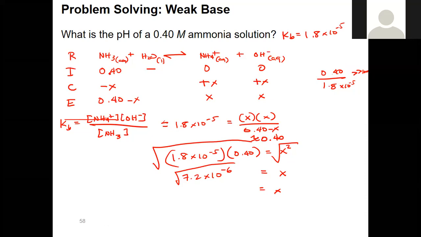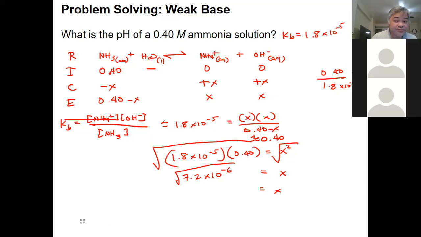Okay. 2.68 times 10 raised to the negative 3. 2.7 times 10 to the negative 3. Just follow, I have two significant figures here. So I have to put this into two significant figures around it.